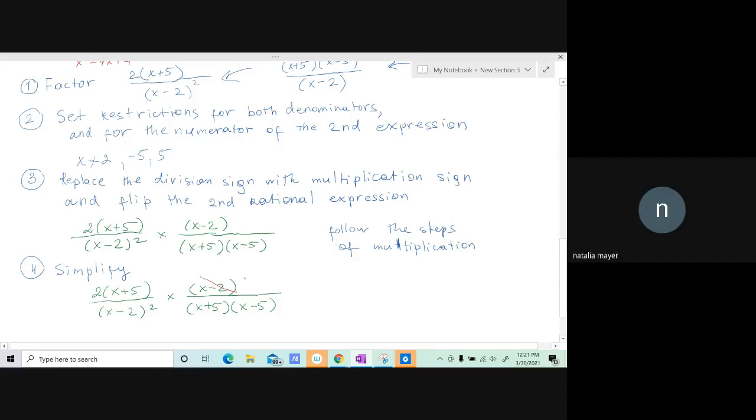So x minus 2 is cancelled. What will be left here? 1. What about this one? There, x minus 2 is going to be to the first power, without the square. Yes. Guys, what else can we simplify? X plus 5. Yes, cancel x plus 5. So let's write it in simplified form.